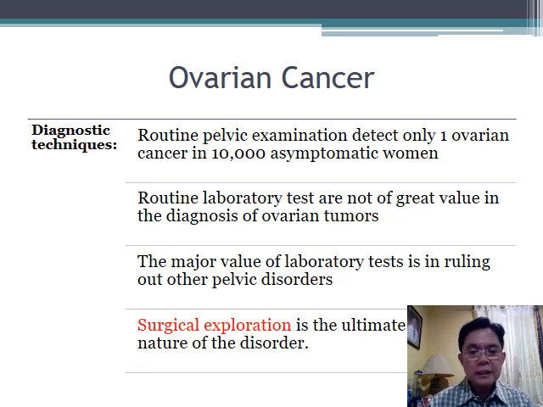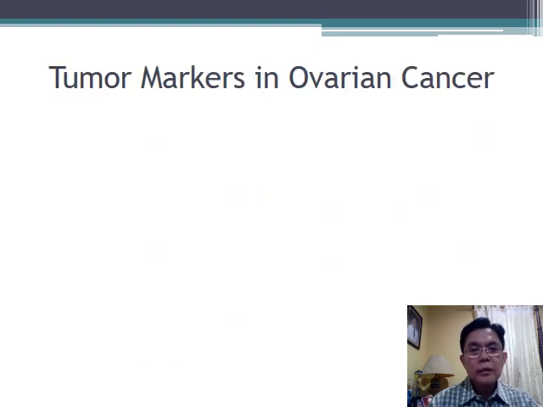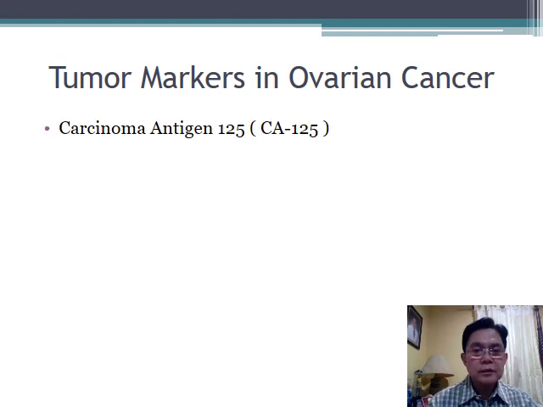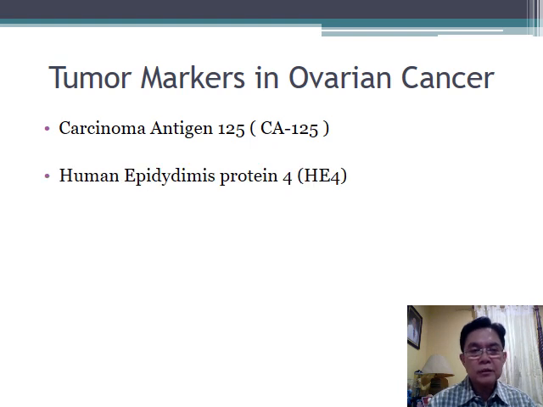Currently, it is only surgical exploration that is considered the ultimate tool to determine the nature of an ovarian tumor present. What are the different tumor markers that have been used in ovarian cancer? The most popular is carcinoma antigen CA125.